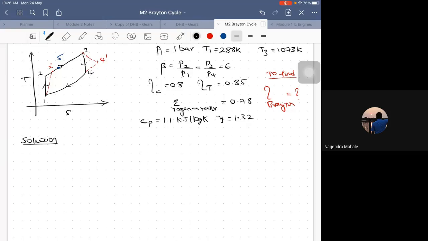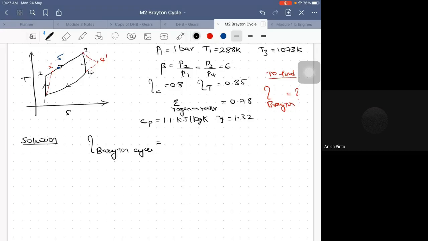Okay. For the solution, what do you have to find? The efficiency of the Brayton cycle, isn't it? So how do you calculate the efficiency of the Brayton cycle? Anyone? W net divided by QS, or 1 minus 1 divided by beta raised to (gamma minus 1) upon gamma.